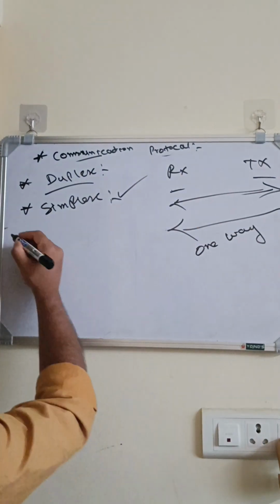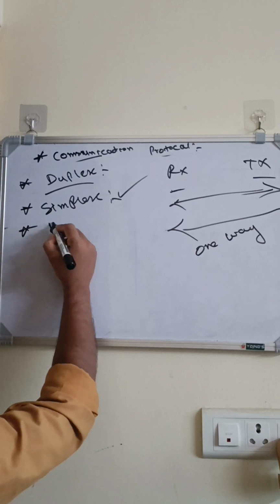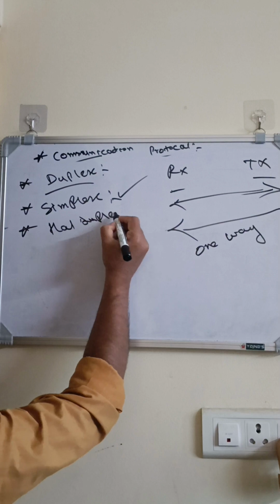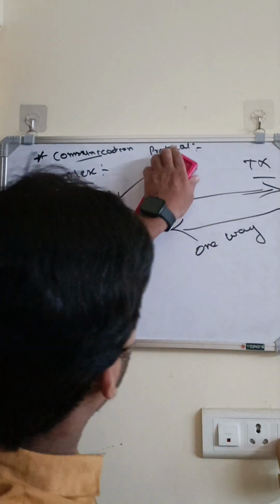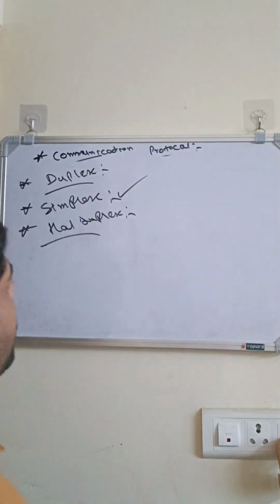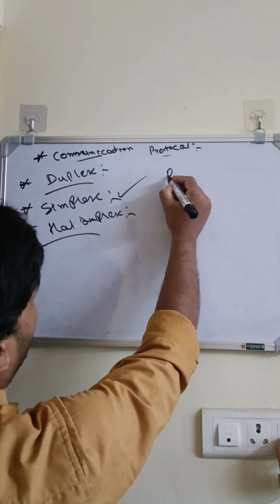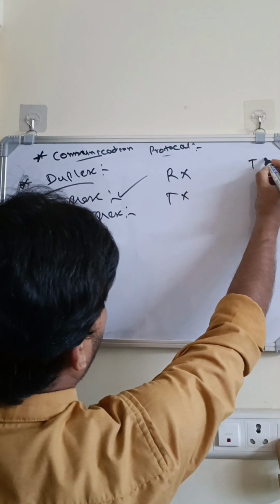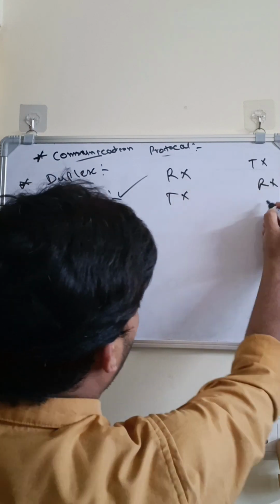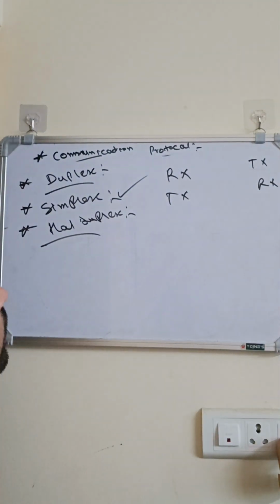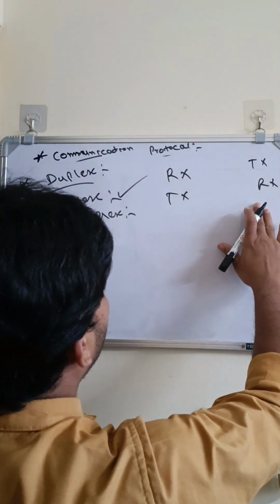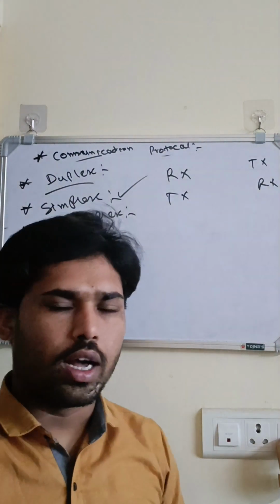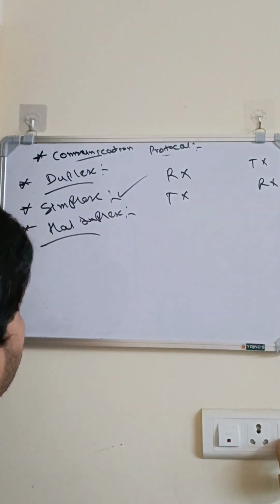Now coming to half duplex. Half duplex means there are 2 TX and 2 RX.